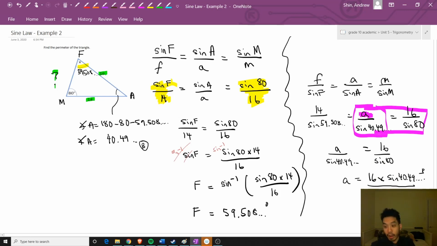So what I'm going to put in my calculator now is 16 times sine, recall B, because I have every single decimal place for that 40.49 dot dot dot. I'm going to press equals and then divide by sine 80, and we have our final side length, which is 10.5495 dot dot dot.